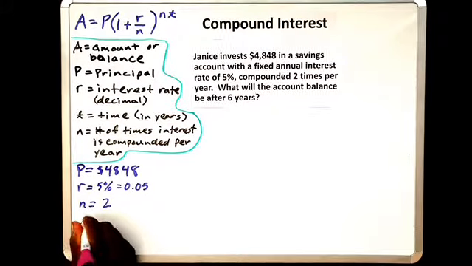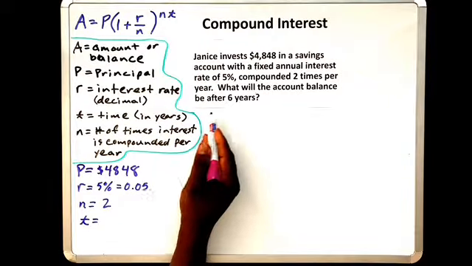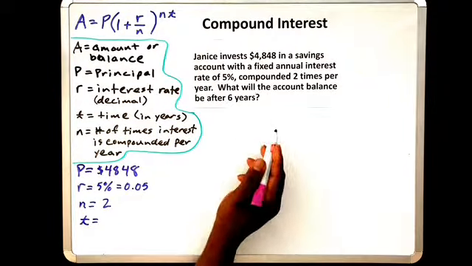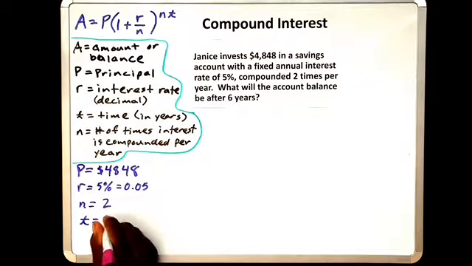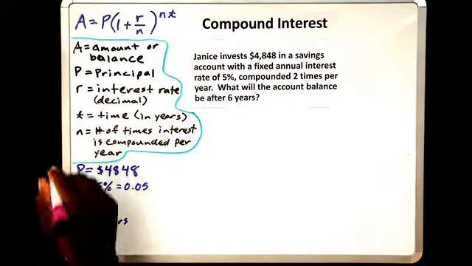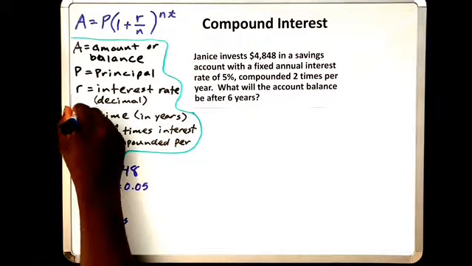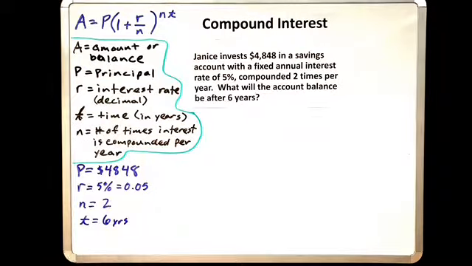We know that T represents time in years, so we're talking about what will the account balance be after 6 years. So time is 6 years. And I think we have what we need, P, R, T, and N. This is a T. Okay.